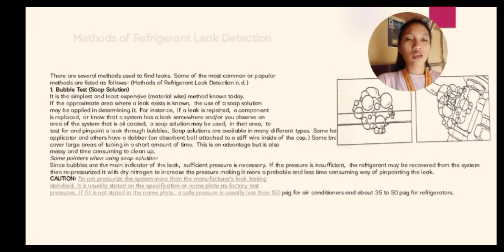For instance, if a component is replaced, or a system has leaked somewhere, and you observe an area of the system that is oily, a soap solution may be used to pinpoint a leak through bubbles. Soap solutions are available in many different types.